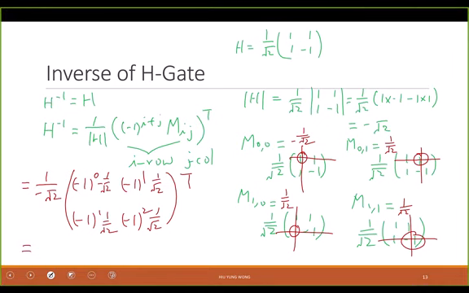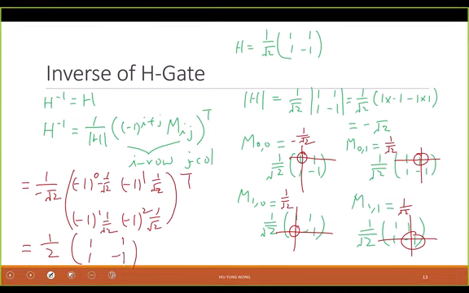Yeah, if I take this 1 over square root 2, negative 1 out, right? Then this becomes 2, right? This negative 1 over square root 2, they all take out, right? And I take the negative out, so this is 1. This is also 1, because this 1 is negative, right?